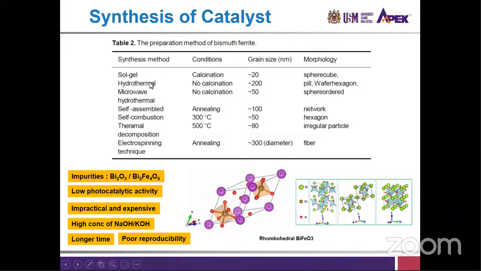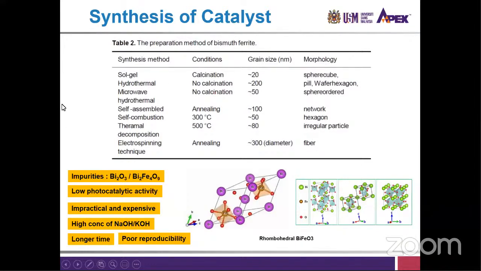But there are a lot of methods used by previous researchers, like sol-gel, hydrothermal, microwave, electrospinning technique, and so on. It depends on different conditions as well. One can be with calcination, without calcination or annealing, and it will affect the grain size of particles as well as the morphology.